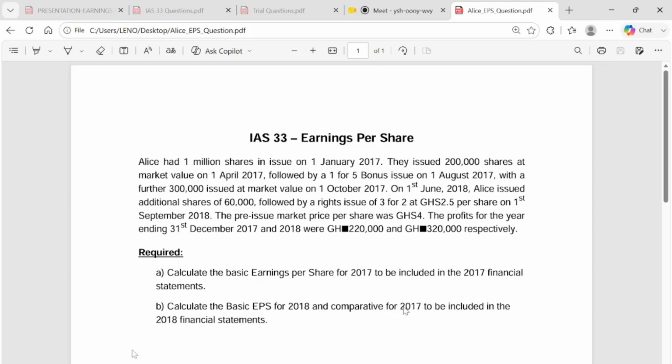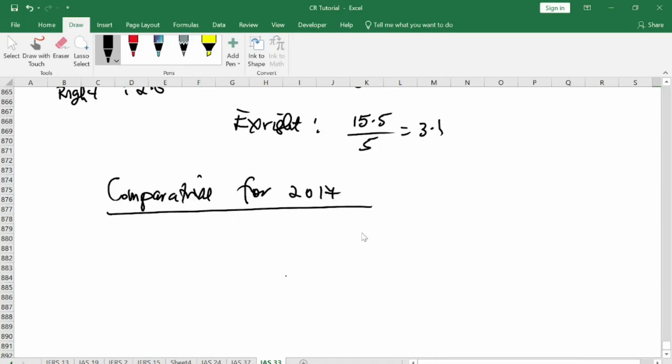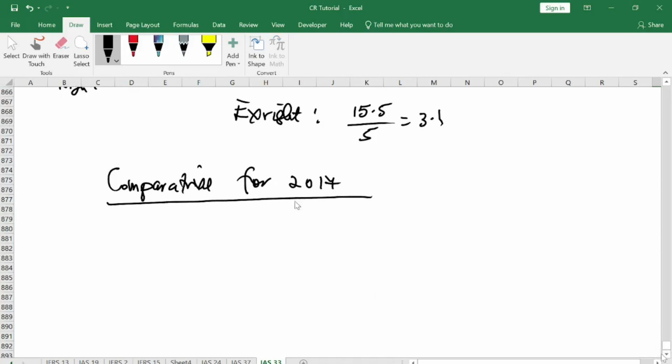All they want you to do is what we call comparative. So when you are working, you should do the comparative for 2017 to be included in the 2018 financial statement.